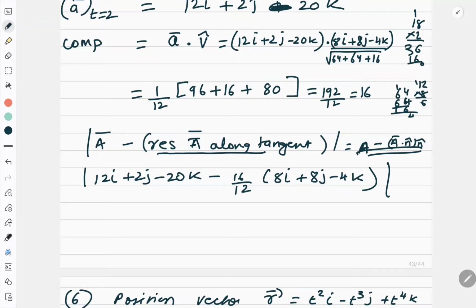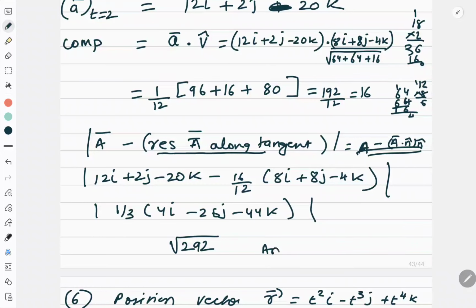So now magnitude of this is required. So you just open this. This is 1 by 3, 4i minus 26j minus 44k. When you find out the magnitude of this will be under root of 292. Okay. So this is how you can find out the component in the direction of normal. Usually they don't ask this, but if they ask, you should know.